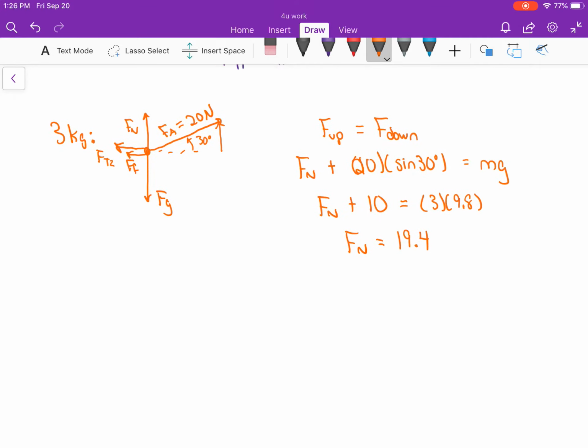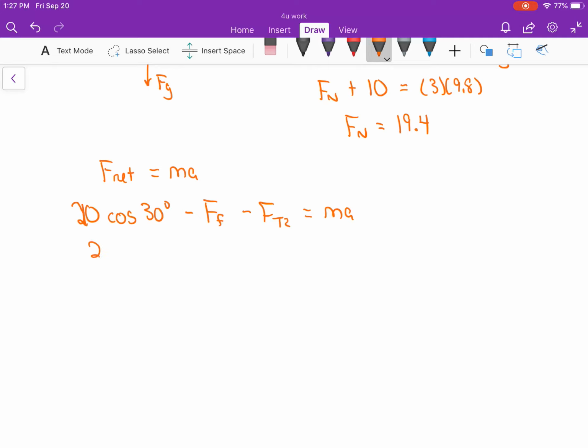Now the horizontal component, F net equals ma. We've got one forward force, that's a component of the 20. 20 cosine the angle this time because it's adjacent to the angle. We've got 2 backward forces, friction is backwards, and that string we called ft2 is backwards.